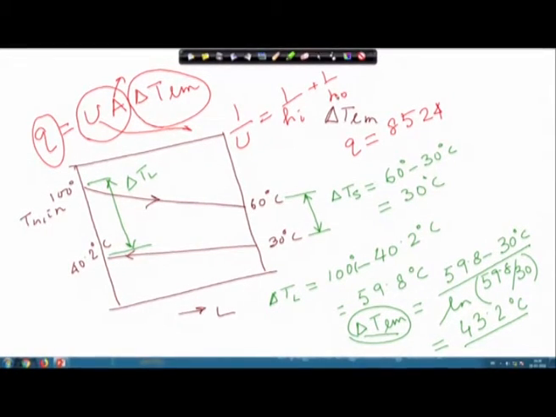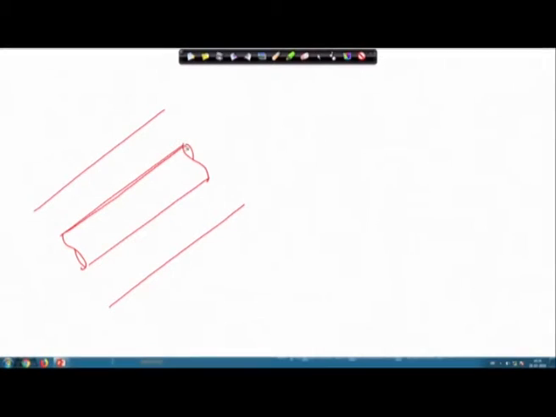or if we look at our geometry, we will find that this is the internal tube and we have the external tube. The heat transfer is taking place through this wall, and so this heat transfer surface area is of our main concern.